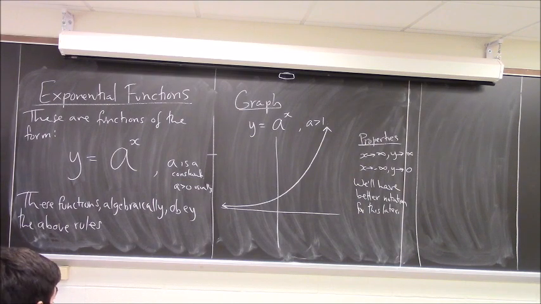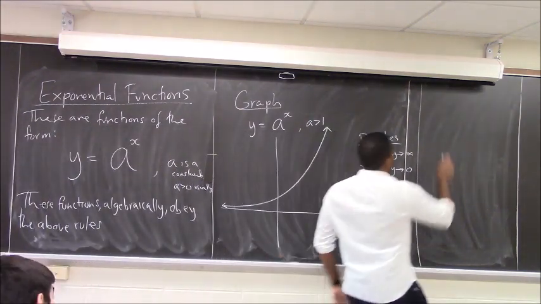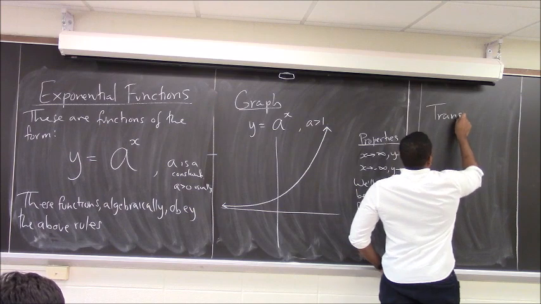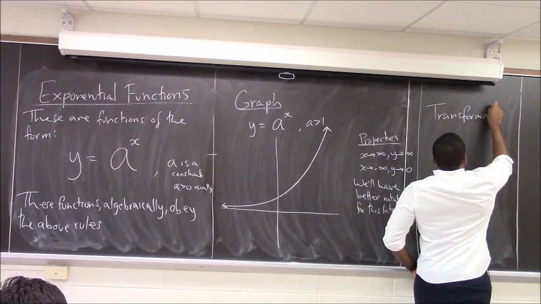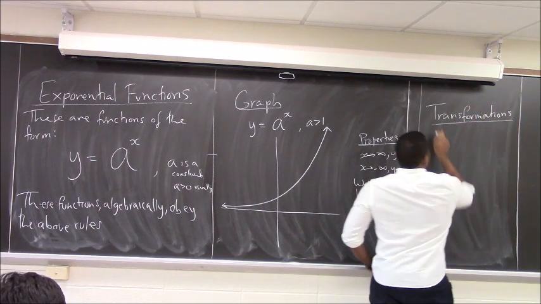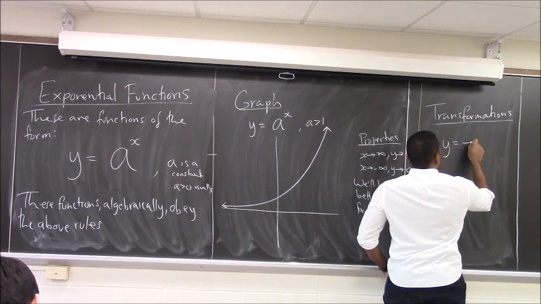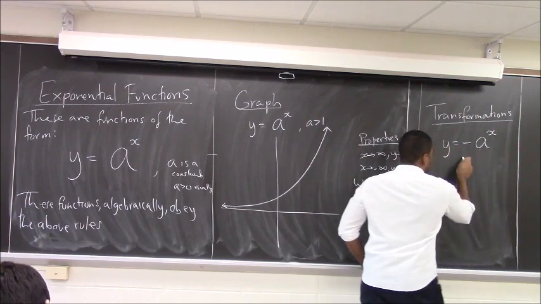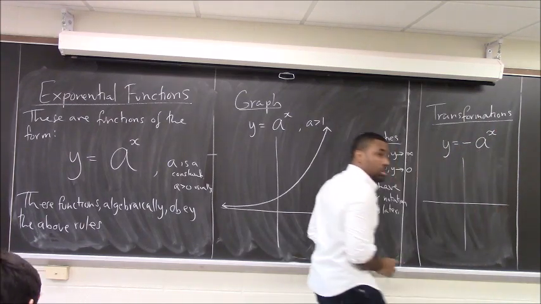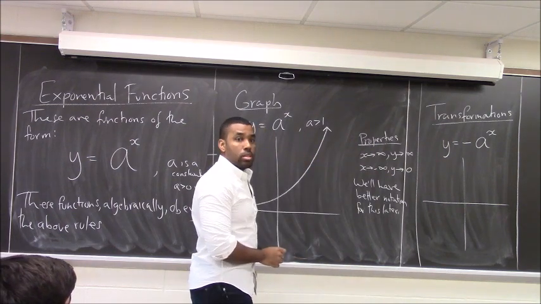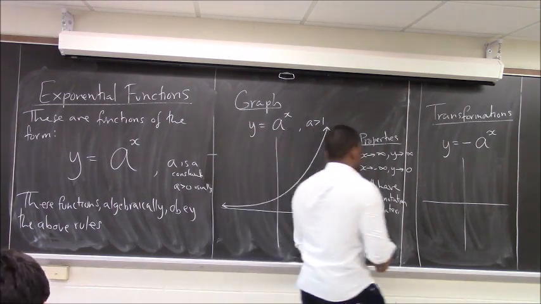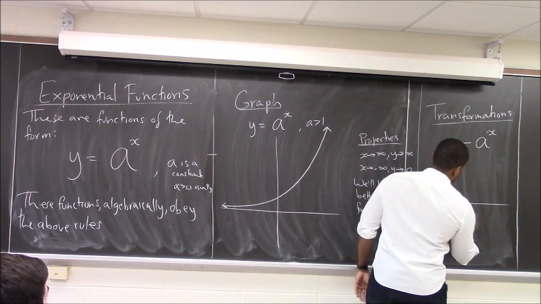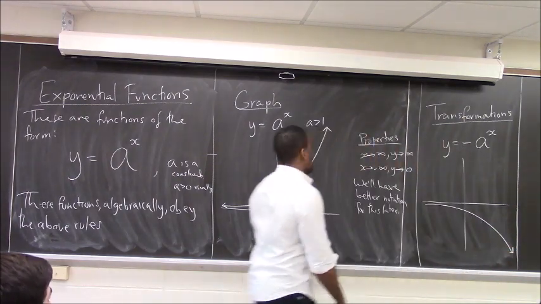And notice here we can have the typical transformations. So let's say I had y equals minus a to the x. What would that graph look like? Yeah? Flipped it across the x-axis. So it would look like this. Okay.